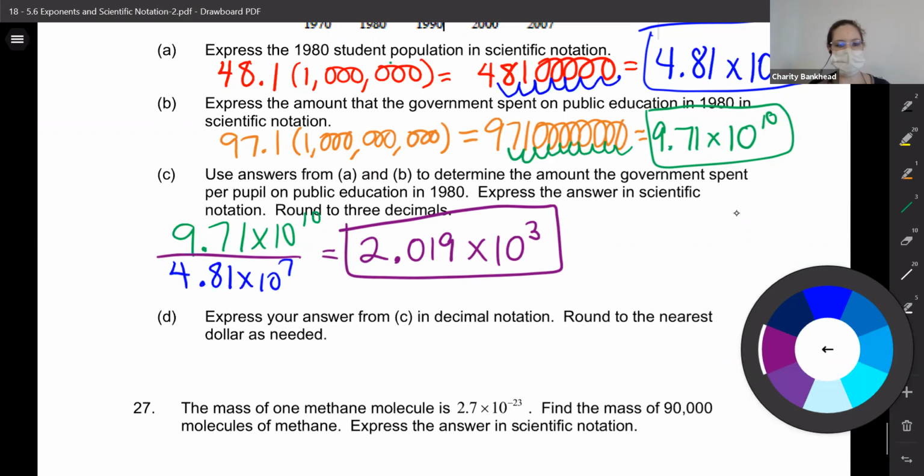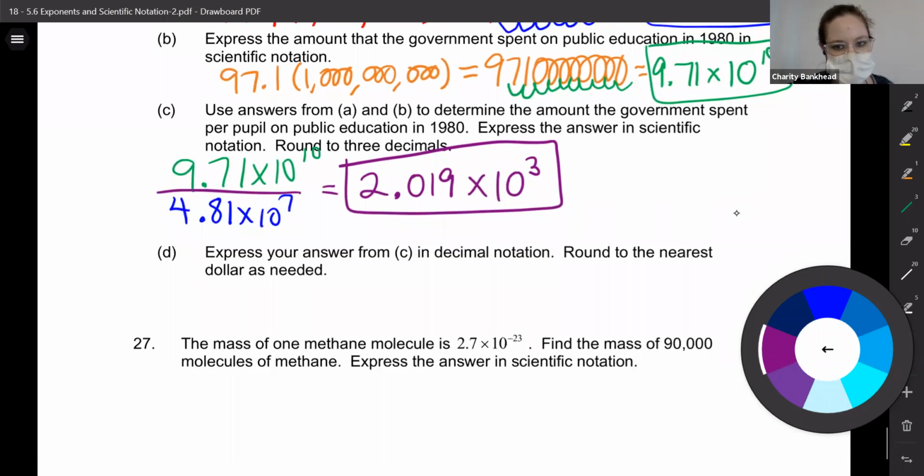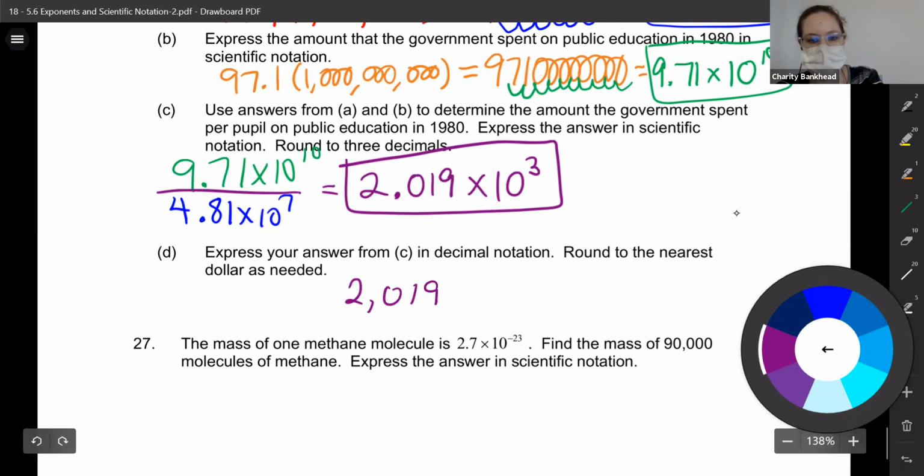That's basically $2,000 per student. So $2,019, because it just says express that same answer in decimal form.